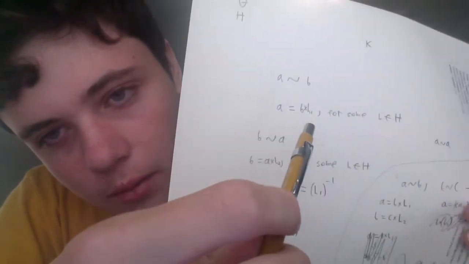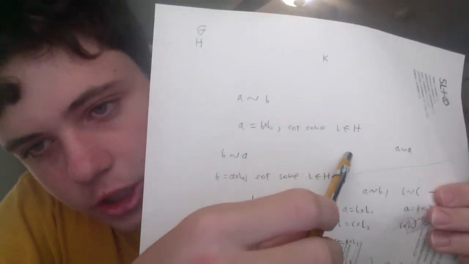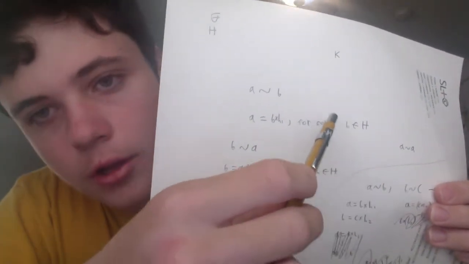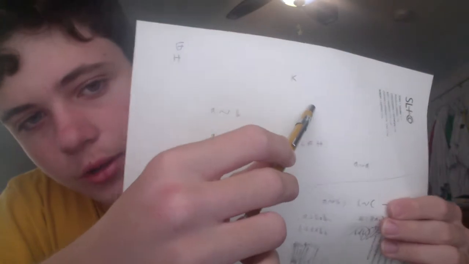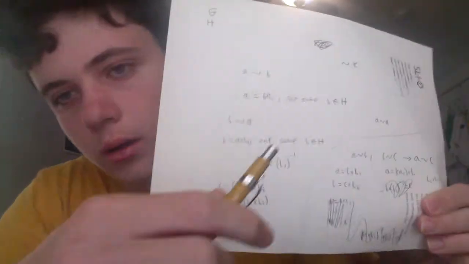A is equal to B if and only if A equals B times h^-1 for some h in the group H. So we want to figure out what is equal to K. It doesn't really matter, but if we're going to use the definition, it's a lot easier this way. So we want to figure out what things are equal to K.